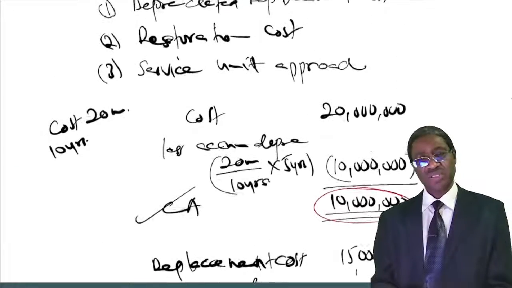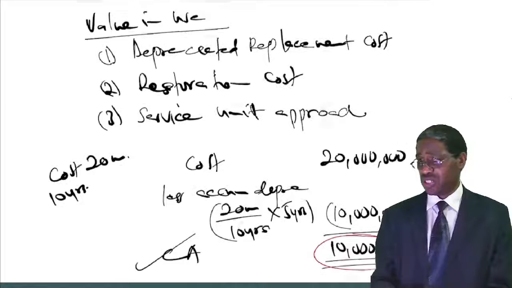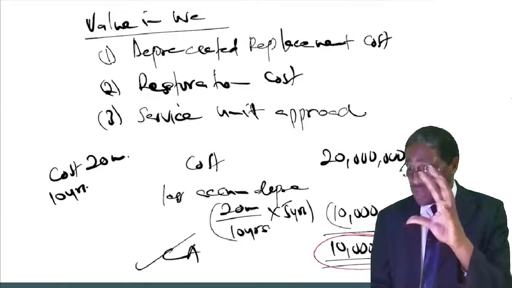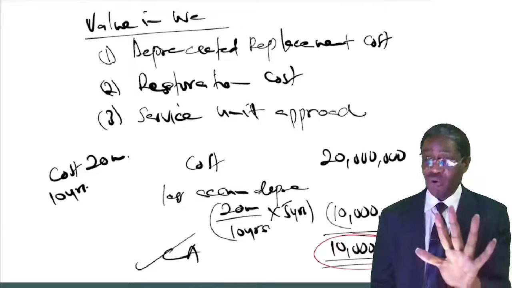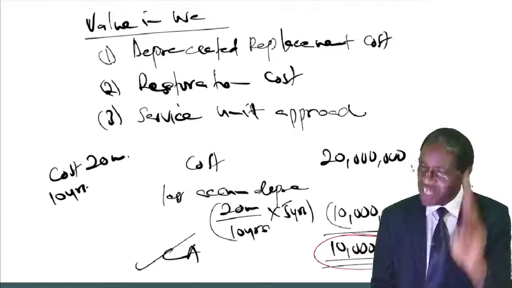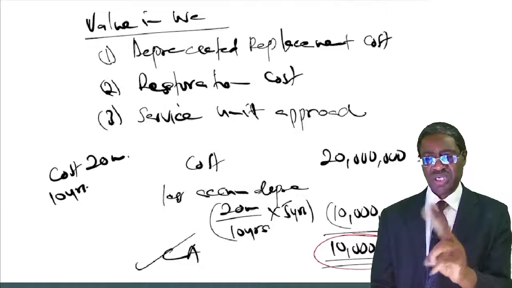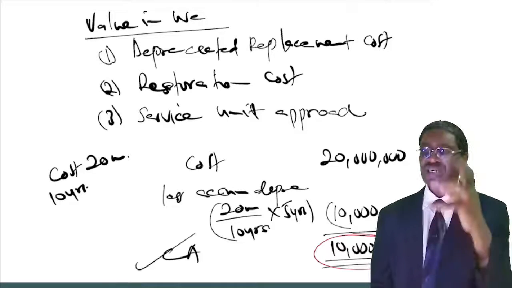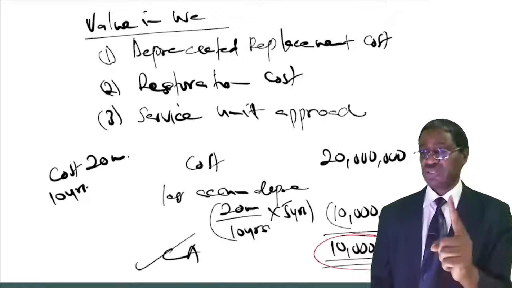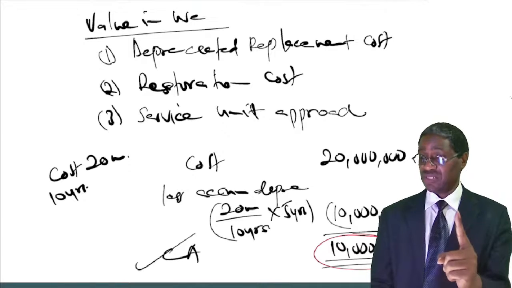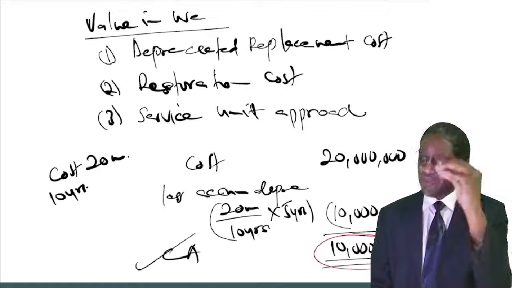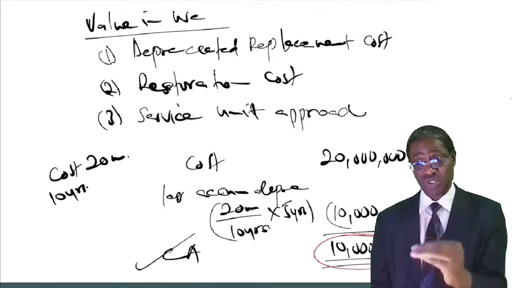Now listen, one thing I hope you have noticed is this. Of the three methods, all three methods, the first thing you must do is to compute what we are calling the depreciated replacement cost.